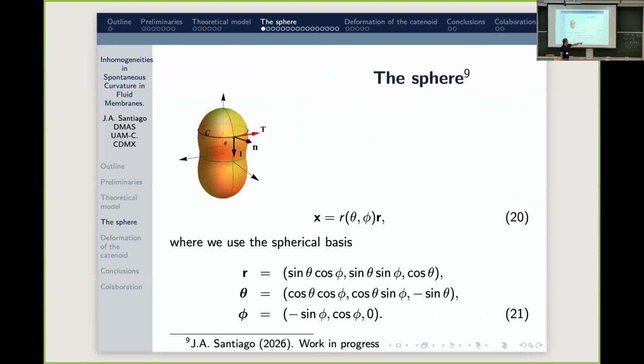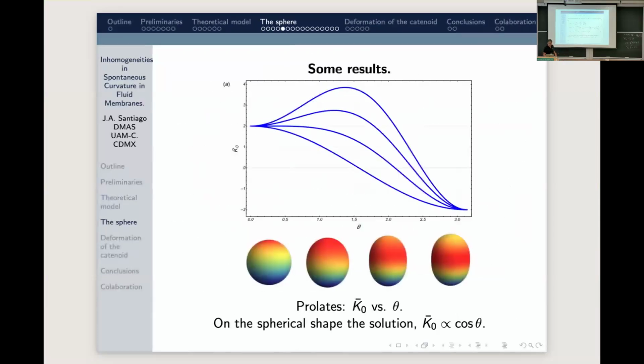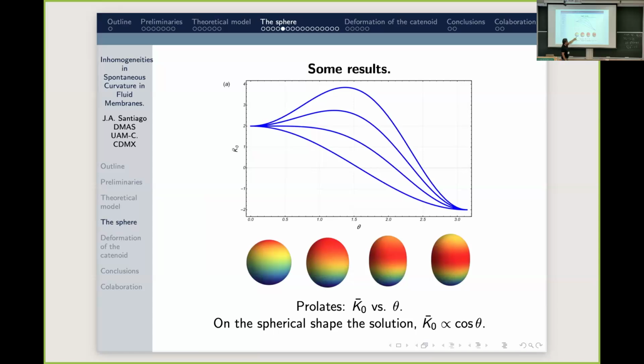We have the deformation of the sphere and obtain the behavior of the spontaneous curvature. Then, in this case, the first result is that on the spherical surface, the only solutions, not a constant, are proportional to this cos, the first curve in this picture.